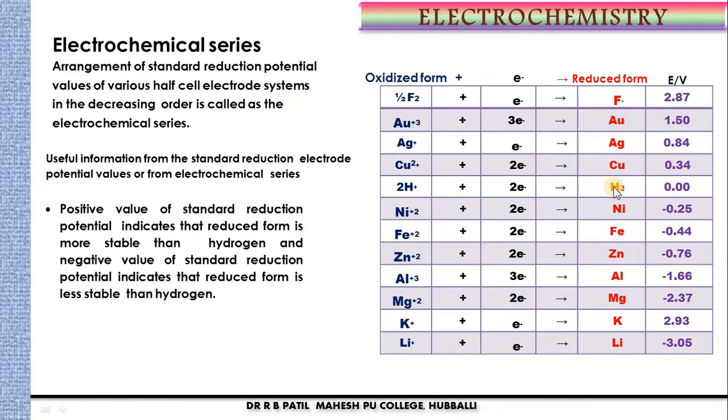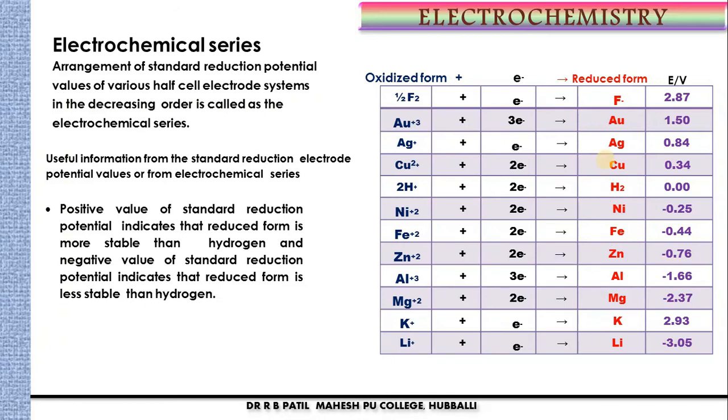And a negative value indicates that the reduced form is less stable than hydrogen. Below hydrogen we have nickel, iron, zinc, aluminum, etc. They have negative reduction electrode potential values, which indicates that they are comparatively less stable than hydrogen.